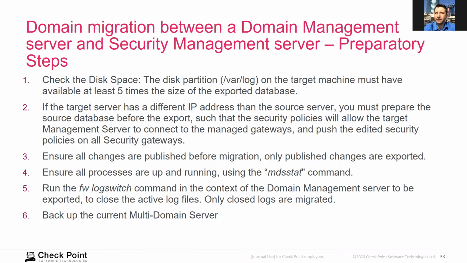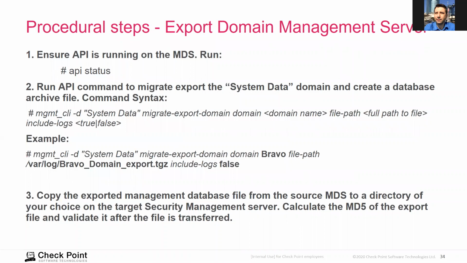And same thing, of course, processes need to be up, and the firewall log switch, you have to do it before you export. And a good idea is to make sure api status is running. The reason I'm mentioning it is because when you run the api status command, you're going to be able to see the status of a number of processes, including CPM.